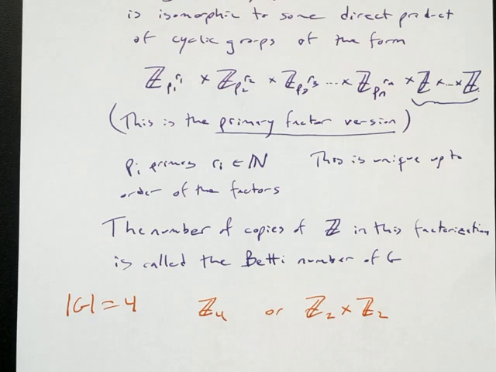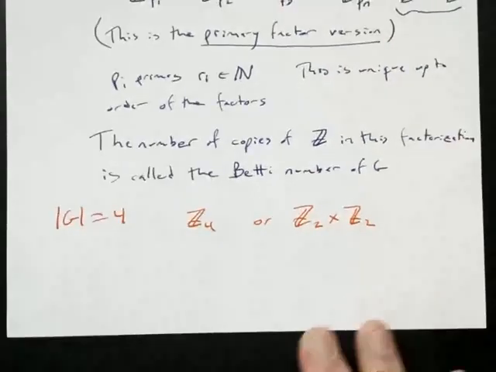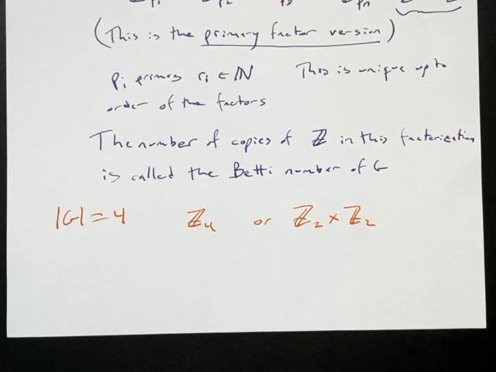If I know the prime factorization of the size of my group, I know the possible different versions of my group. Somebody pick another number. Well, that's the one I just did.